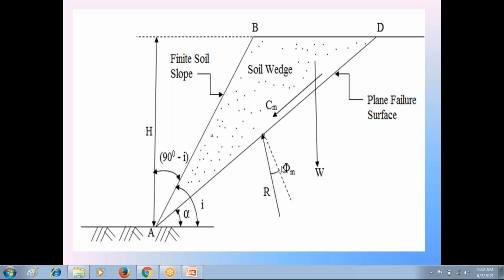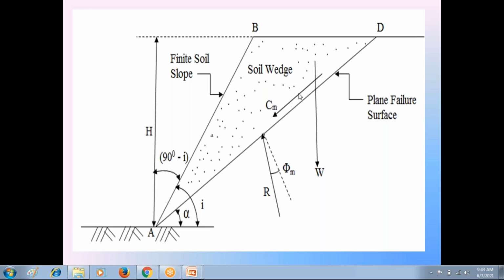This angle phi m is the mobilized angle of internal friction, equal to natural angle of internal friction divided by factor of safety. So here we know this angle phi m, but we don't know the magnitude of reaction R. R is unknown, Cm is unknown, but W is known, phi m is also known. These are the forces acting on this soil wedge in Culmann's method of stability analysis of finite soil slopes. Now coming to that procedure in Culmann's method, I am going to explain that procedure.